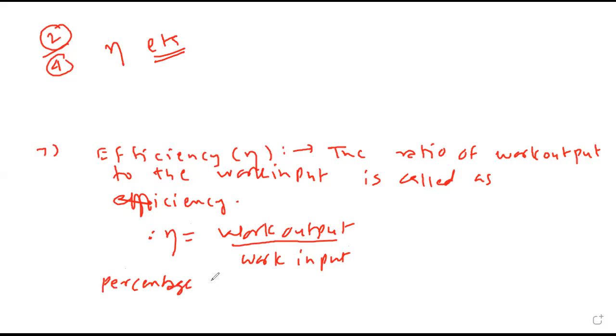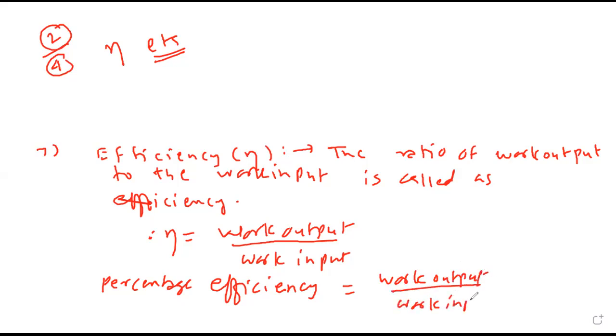Then percentage efficiency equals work output upon work input into 100. Out of 100 is called percentage.